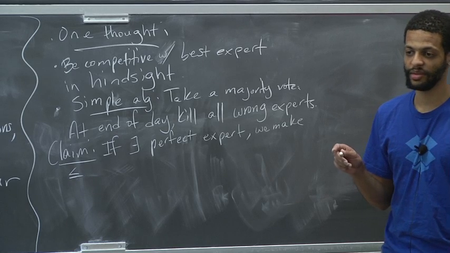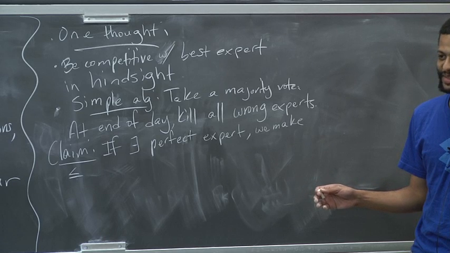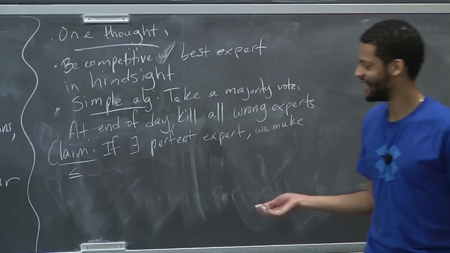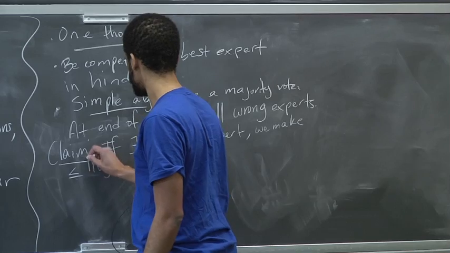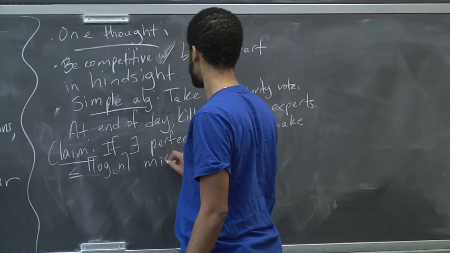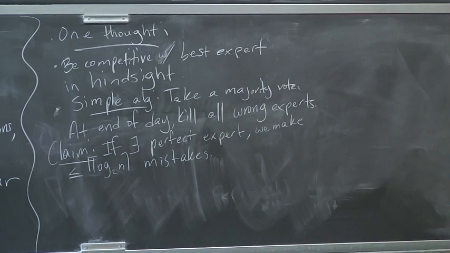I heard log n, though, is what I thought I heard. Okay, so it's log n. We make at most log n mistakes. Or maybe I heard C log n. Okay, that's okay, right? So the proof.